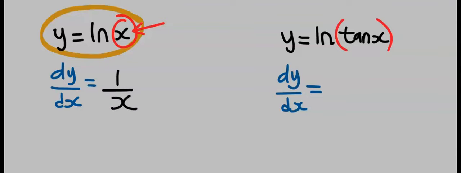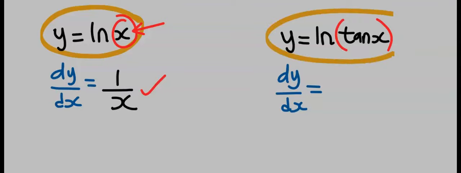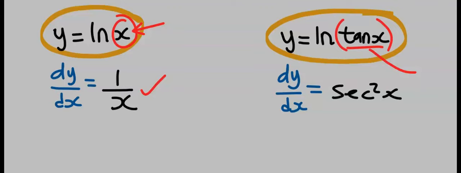This becomes your answer. Let's apply the same concept to this question. We are going to differentiate ln tan x, and our answer is sec squared x. Next, we are going to recopy back the tan x to the denominator without the natural log. This becomes our answer.